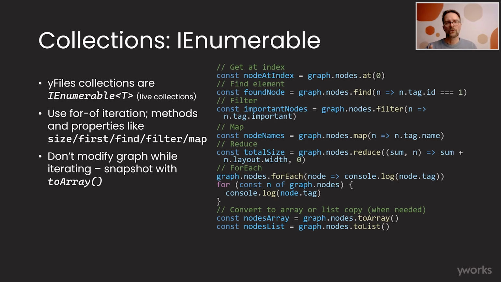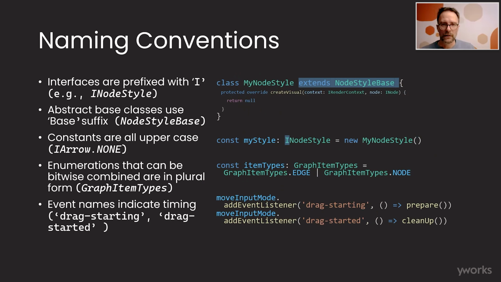You shouldn't be calling remove on those elements, because while you're doing this, you're modifying the collection that you're currently iterating. And so what you should do instead is first create a copy of all the elements that you need to delete and then remove all of them. But that's not something that you will probably do very often.